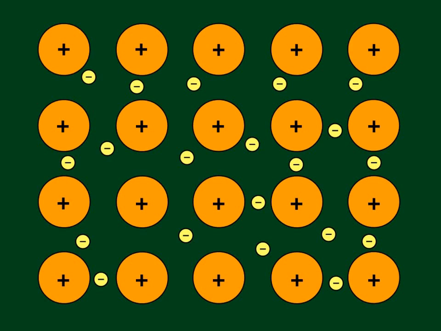As you can see here, the metal atoms are positively charged because the electrons, the valence electrons, are removed, and the electrons are free to move throughout the whole crystal. The electrons do not belong to any atom. They roam through the crystal.